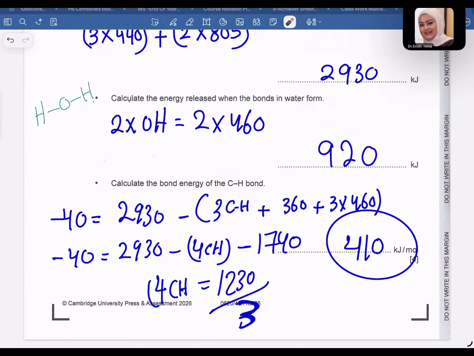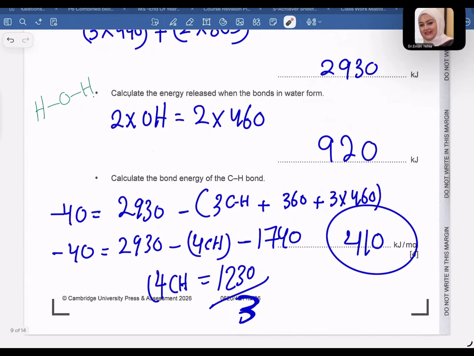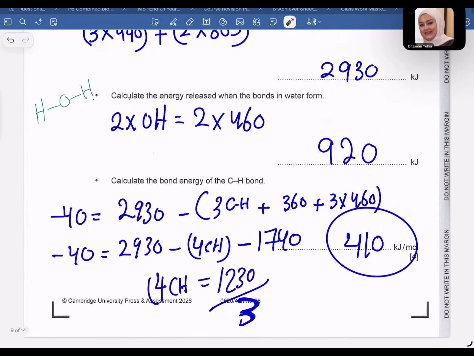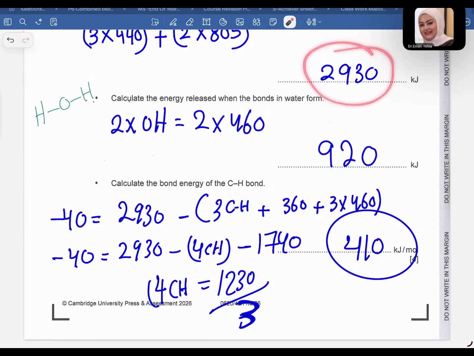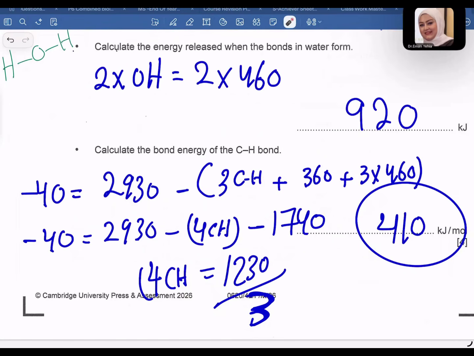So just minus 40, okay? Bonds taken in reactant minus in product. I have 1 missing number, which is 3 CH, a normal algebra question. So now CH is 410. Okay? So you have to memorize the rule for delta H.